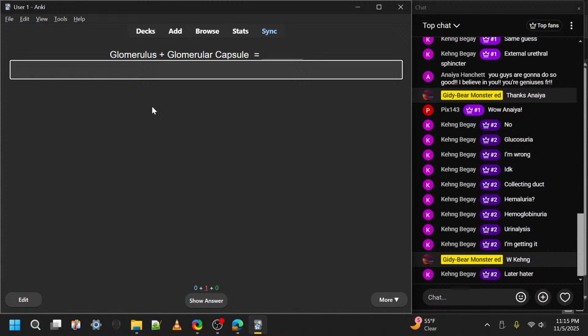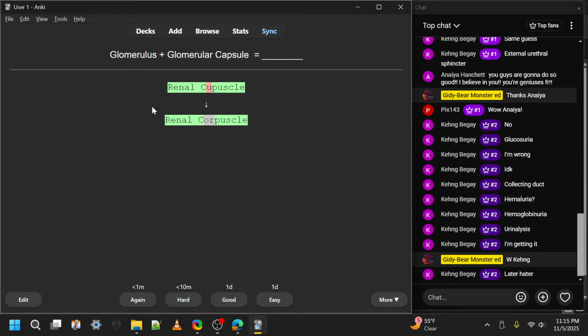Glomerulus plus glomerular capsule equals the renal corpuscle. Dang it.